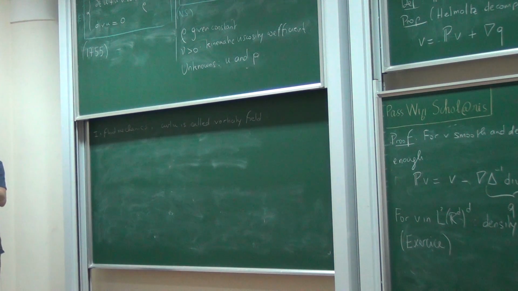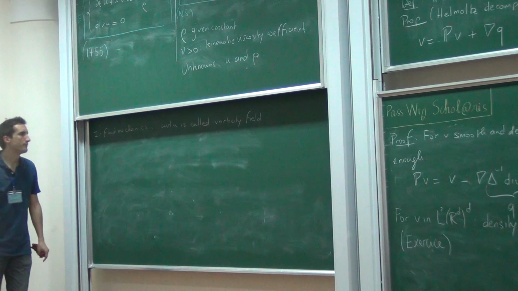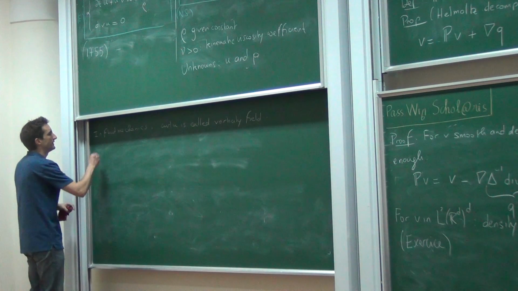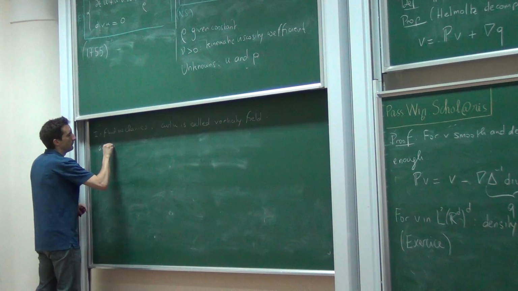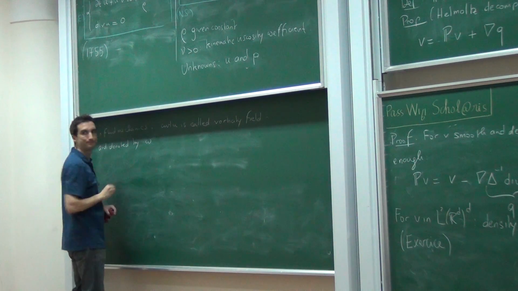Because you know locally, the curl is connected to the skew-symmetric part of the Jacobian matrix of U. So it tells you how the particles under the action of U rotate. So it gives you vortices in fluid mechanics, so it's called vorticity, and most of the time people denote it by small omega.